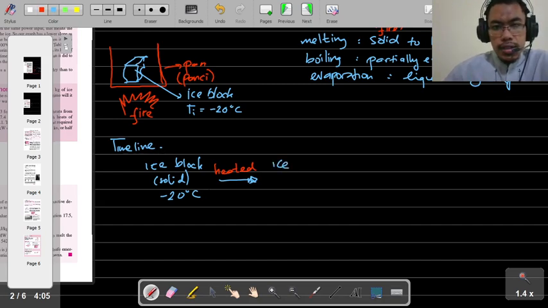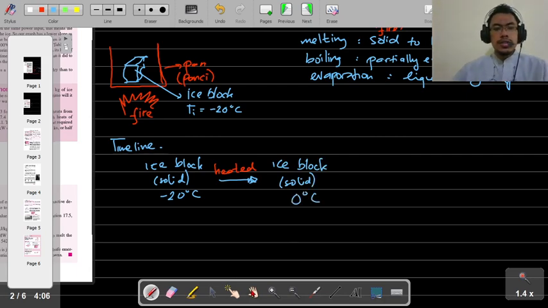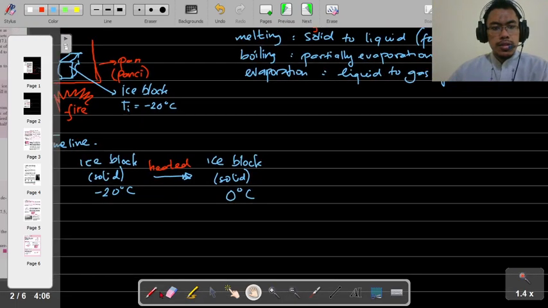It's still in the form of an ice block, and also it is solid, but the temperature is 0 degrees Celsius.